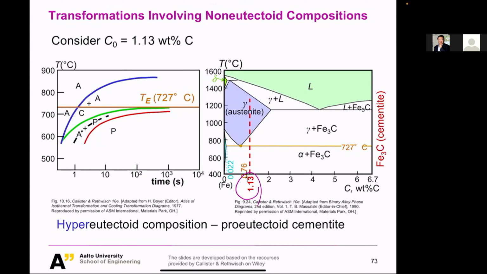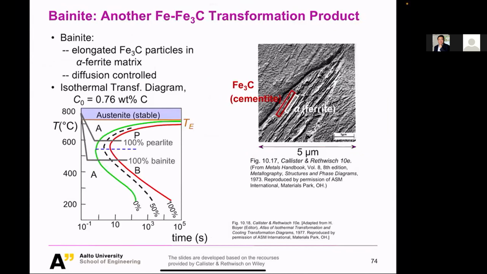Actually nothing new, because here you basically start with austenite. So this is austenite, and this curve is depicting the time that you need to get your austenite plus cementite, right? And this is rather fast, and that's why you just have a curve. So immediately you get this phase, austenite plus cementite, and then you enter this pearlite transformation point.